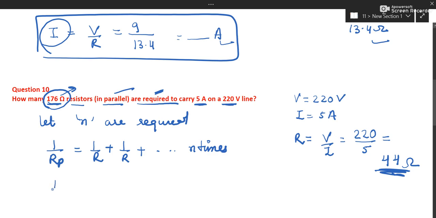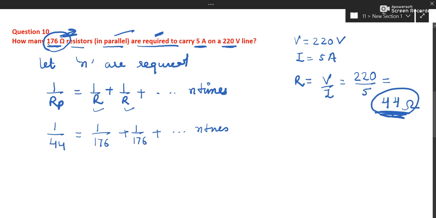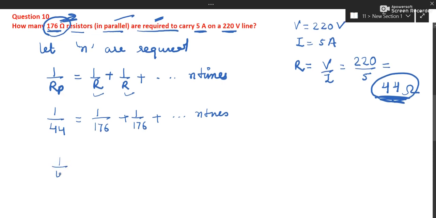This 1 by Rp is your net resistance. So this is 44 and the individual resistances are 176 ohm. Each resistor is of 176 ohm. So you can write it N times. So this can be written as 1 by 44 is equal to, you can add it N times.